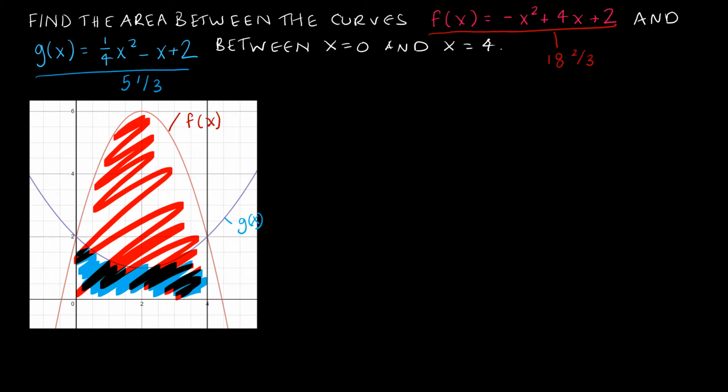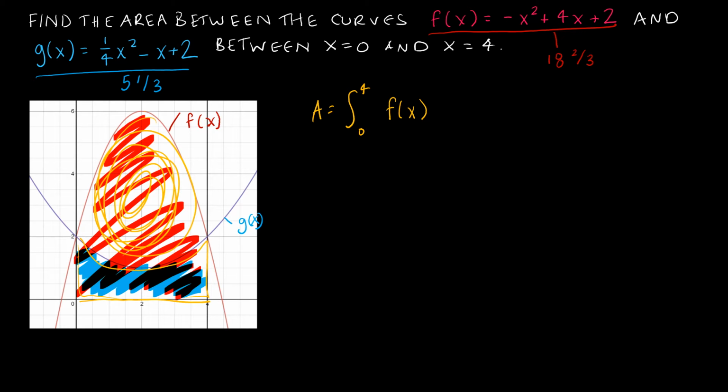So if mathematically I can take, oops, gotta switch back to my pen. If mathematically I can take, to find the area, again from 0 to 4, the area of f of x, which is from here all the way down to my x-axis, and I can subtract this region, then what I'm left with is this region, which is what I want.